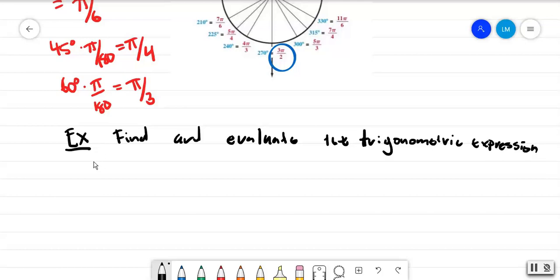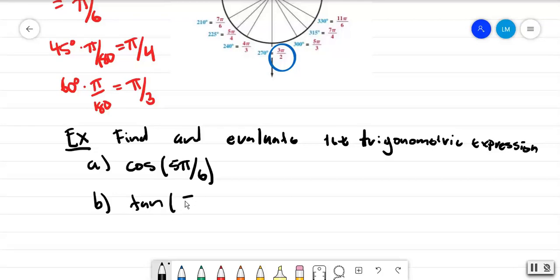Okay, so the part that you're going to look at is cosine of 5 pi over 6, and then we'll go ahead and look at tangent of 5 pi over 3.